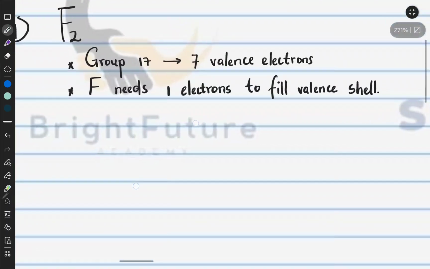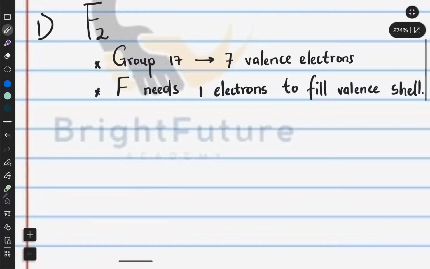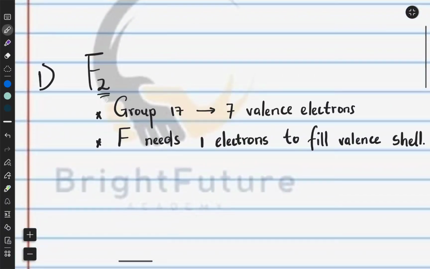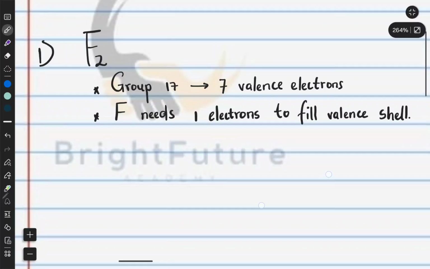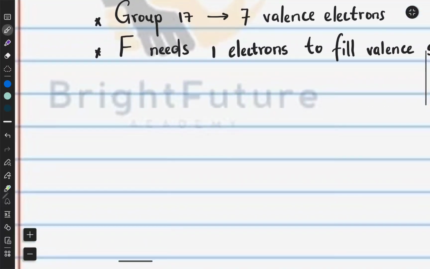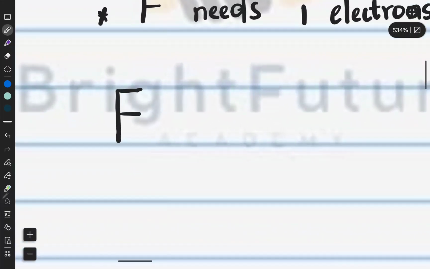So let's check how fluorine would bond with another fluorine atom in order to form F2, thereby filling its valence shell. How we do it is we have fluorine, and now we want to represent the valence electrons in fluorine. What we usually do is use dots or crosses, so that we can tell these atoms apart when we draw these Lewis dot diagrams.